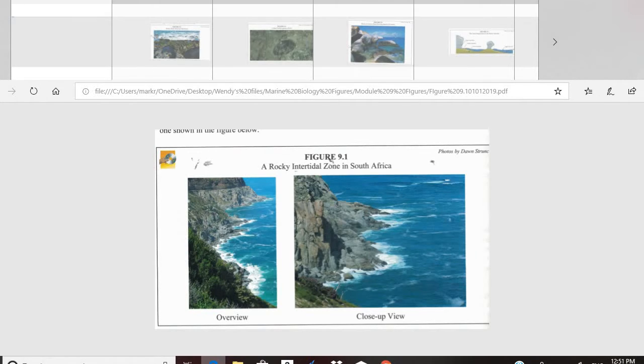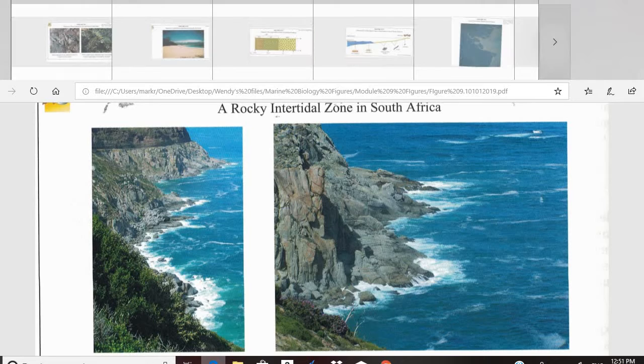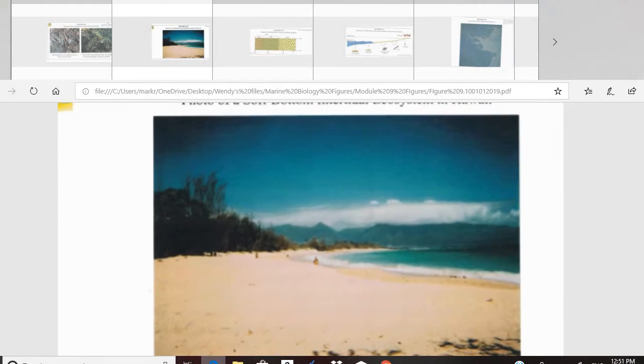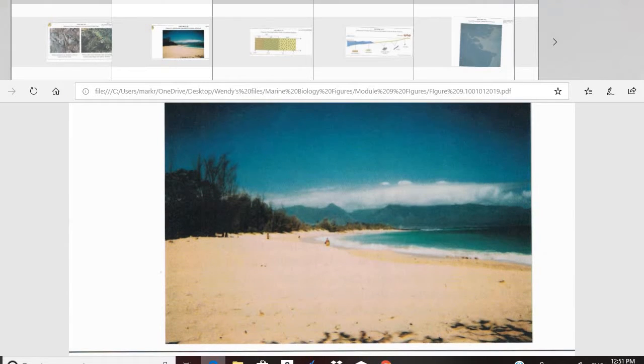So here's an example of a rocky intertidal zone. You can see that there would be portions of this that would be uncovered during the low tide and covered during the high tide. And then if we want to see a picture of a soft bottom, so sandy or muddy intertidal zone, that would be more of what we think of when we are going to a beach.